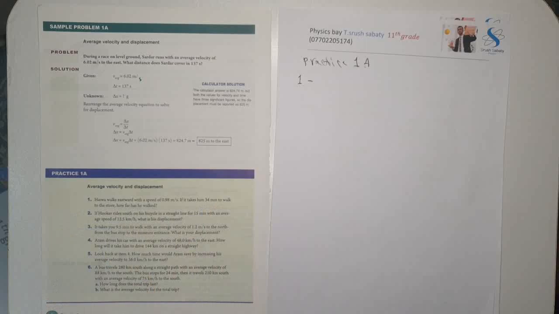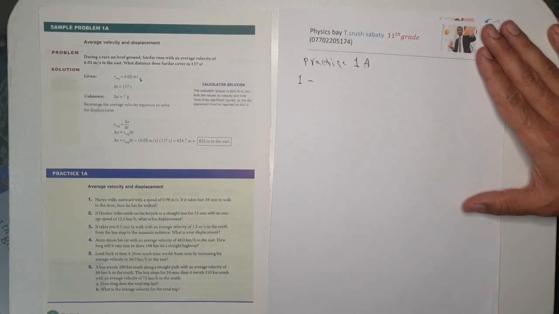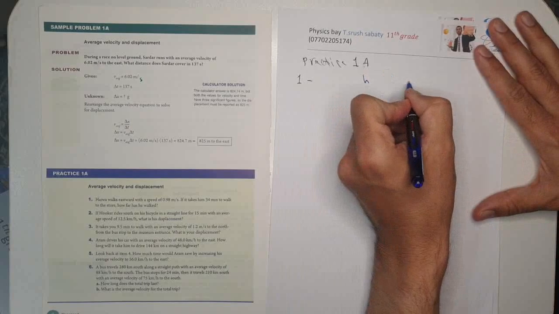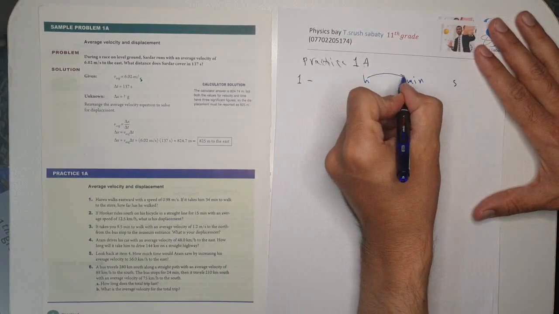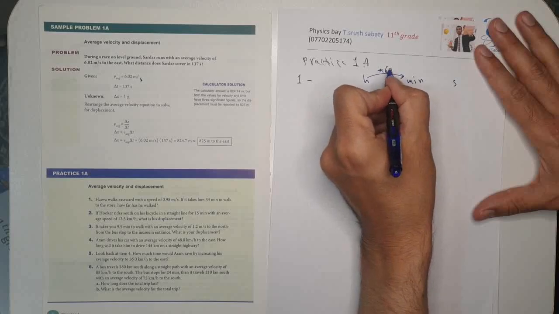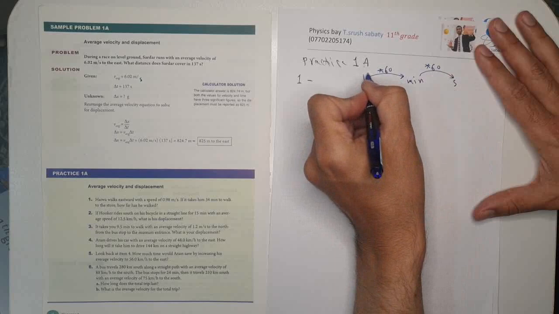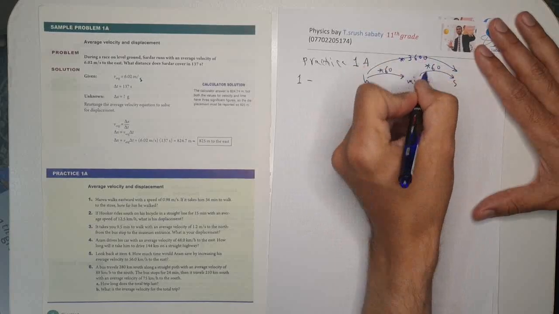If you have unit conversion, minute to second, we multiply by 60. Minute to second multiplied by 60. If directly hour to second, multiplied by 3600.